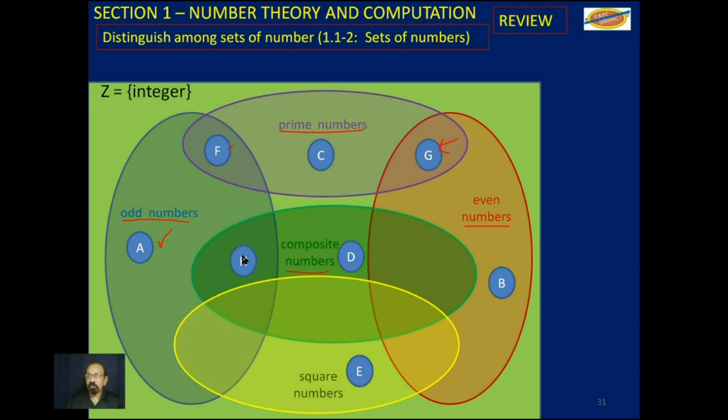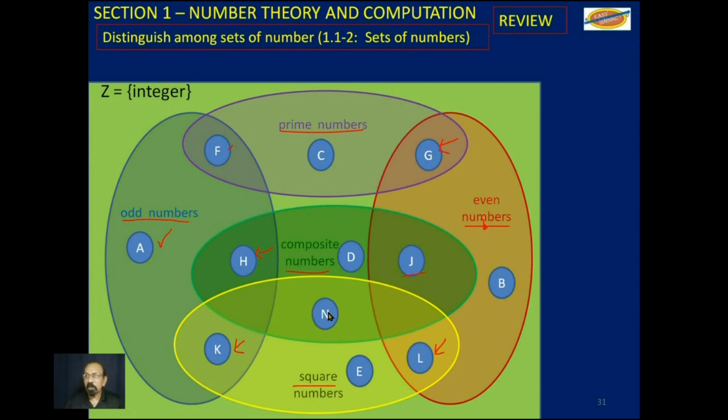H, if it's odd and composite, it goes there. J, if it's even and composite, it goes here. K, if it's odd and square, it goes here, K. L, if it's even and square, it goes here.